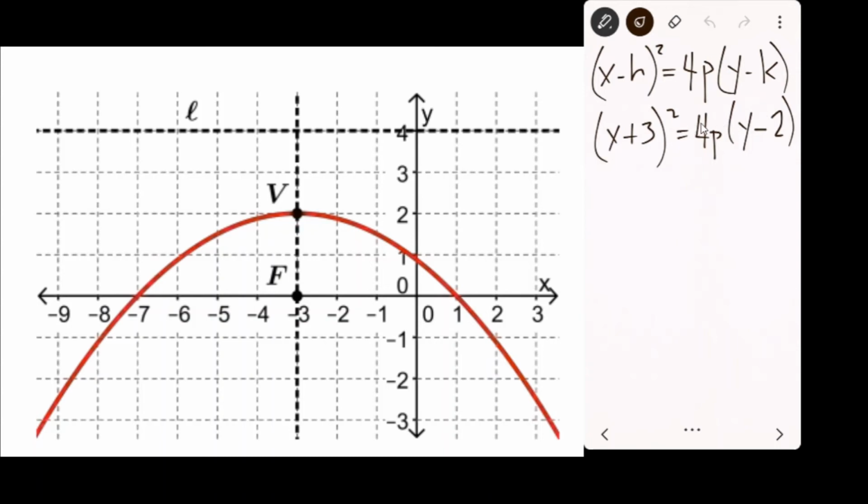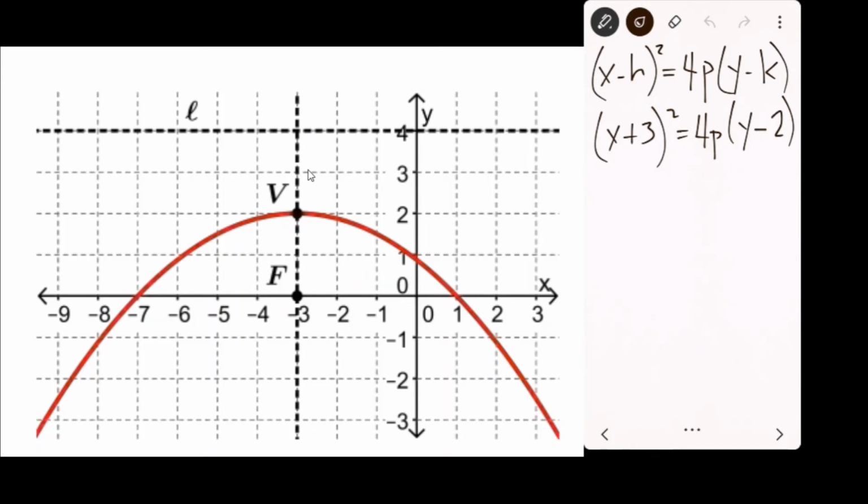Okay, so we have this 4p. Paano natin gagawin yan? Yung p, alam natin, it's units away from the vertex to the focus and then vertex to the directrix. So bilangan natin. 1, 2. So check natin dito. 1, 2.